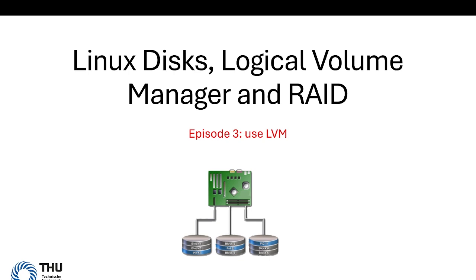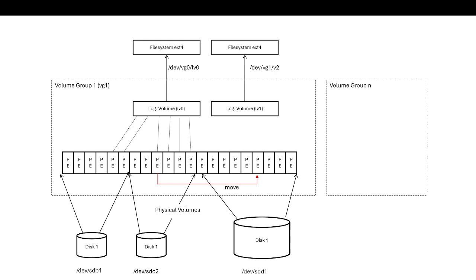First of all, let's talk a bit about the idea of this logical volume manager. How does this actually work, and what's the basic setup? So that's the idea, a small slide to give us an idea about what we can do. Remember, last time we used SDB1 as a disk, then we formatted it and directly mounted it.